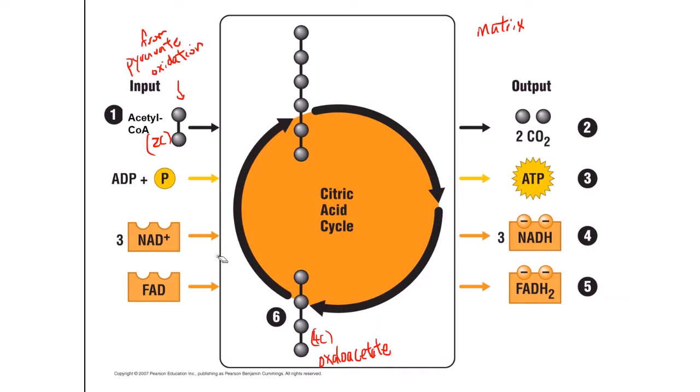Once they come together, you will have this 6-carbon citric acid. The citric acid is going to undergo many steps, which we're not going to go into. In the process, the citric acid releases 2 carbon dioxide molecules. Citric acid has 6 carbon atoms, and after you release 2 carbon dioxide, 6 minus 2 brings you back to 4 carbon. That's how you regenerate the oxaloacetate, and then it combines with another acetyl-CoA coming in from the pyruvate oxidation.